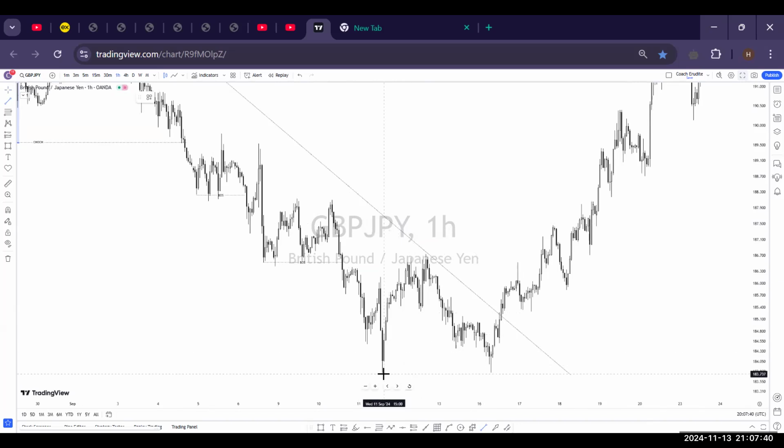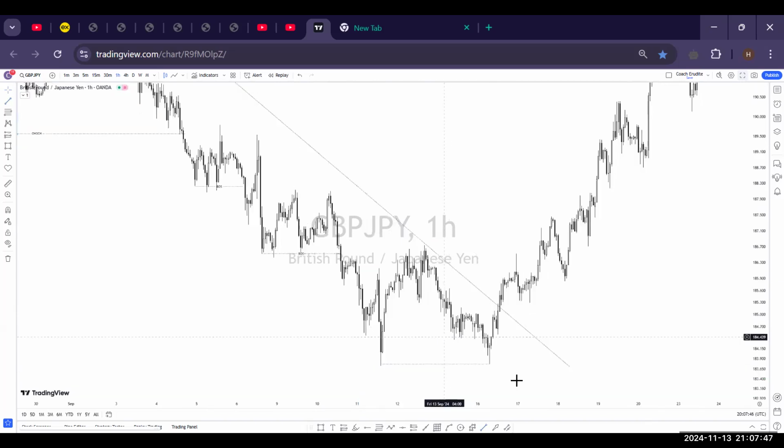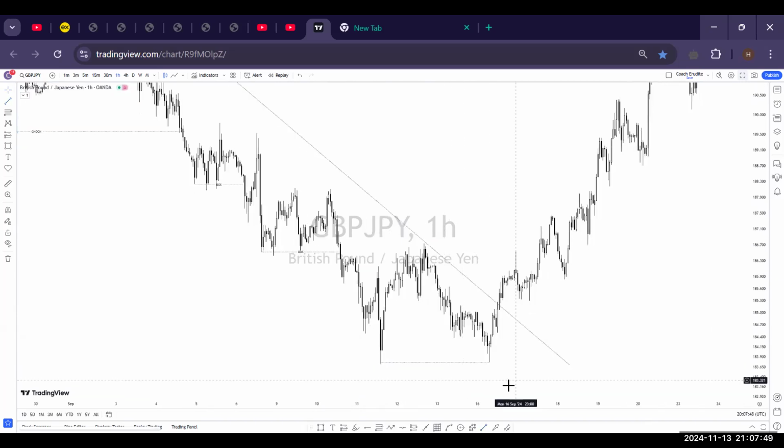So what we have here, we never had a break of structure. What we have here is equal low. Equal low.